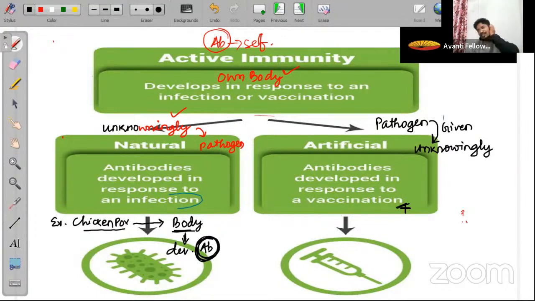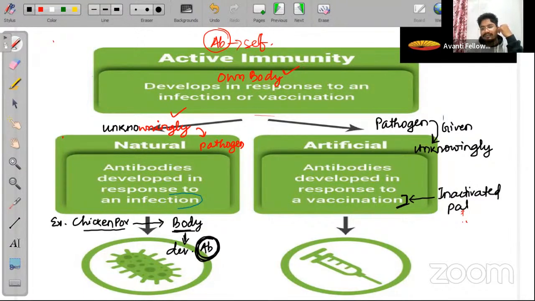So वो जो वैक्सीन होता है ना, जो भी वैक्सीन हम लोग लेते हैं वो पैथोजन होता है, बट दैट इज नॉट द एक्टिव पैथोजन। वैक्सीन के अंदर क्या होता है?